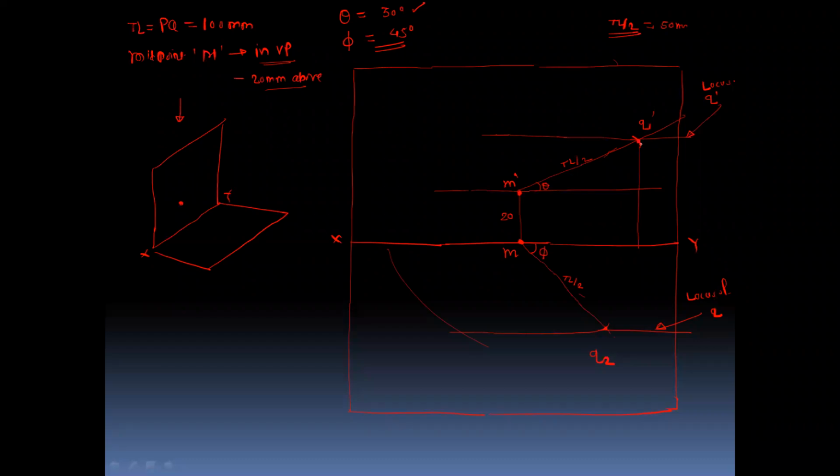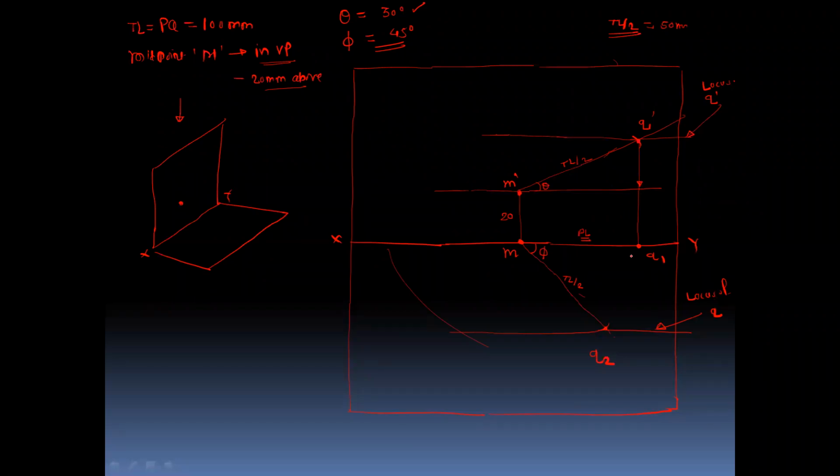So from the Q1 dash, draw the projector. So this point, this is the Q1 point. Okay. And MQ1, this is the top view, or sorry, this will be the plan length, which is corresponding to true length.